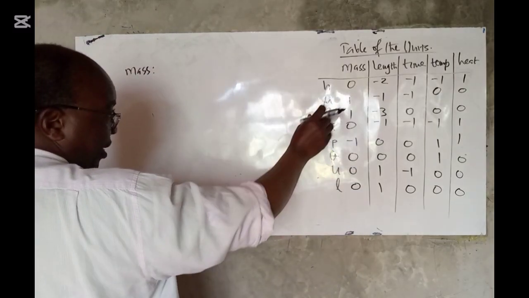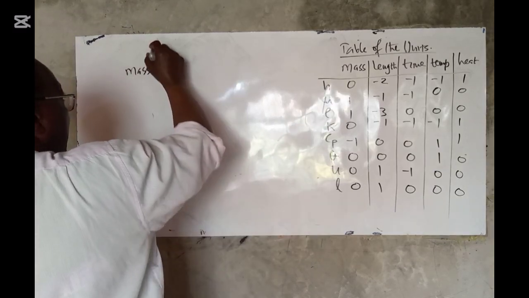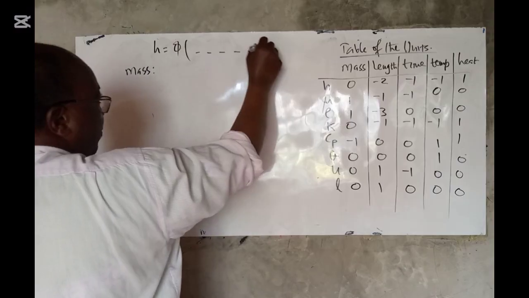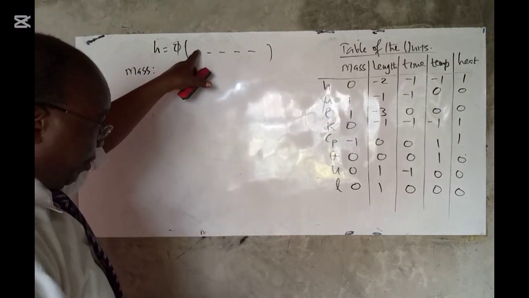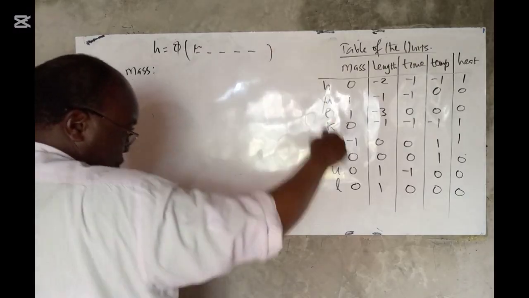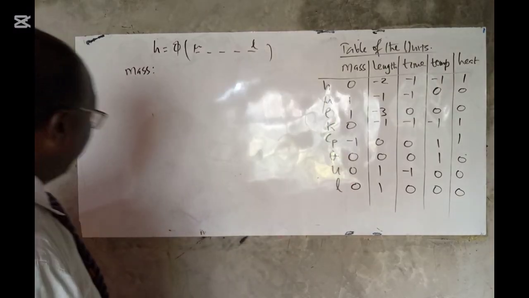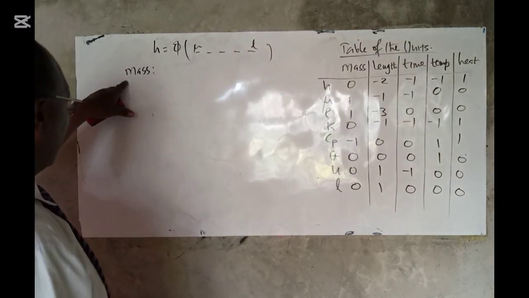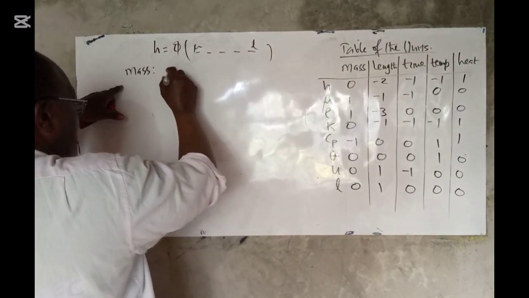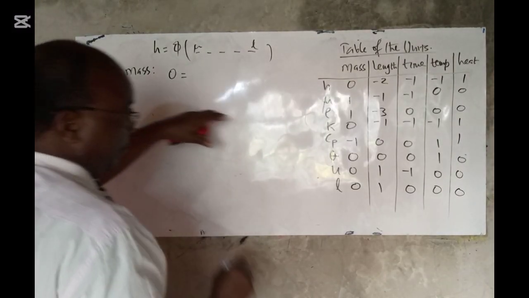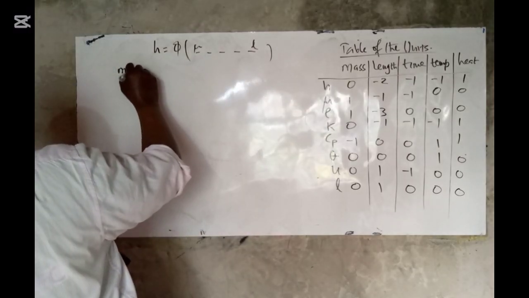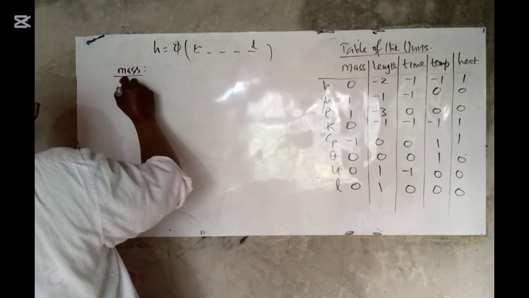Remember, we had h as a function of these variables, from mu up to L. So for mass, h is 0.